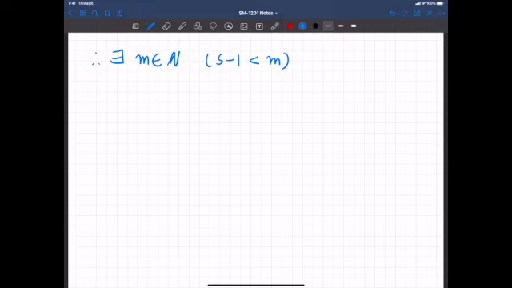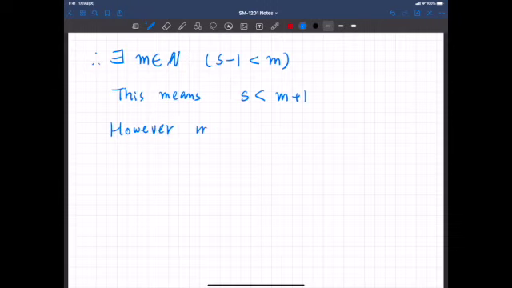But this means s is less than m plus 1. However, m plus 1 is a natural number because m is a natural number, so m plus 1 is a natural number.